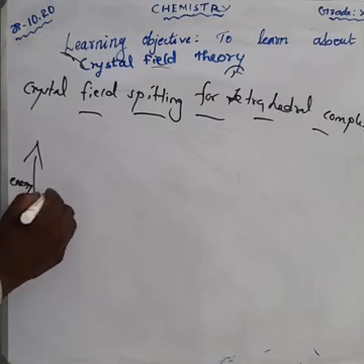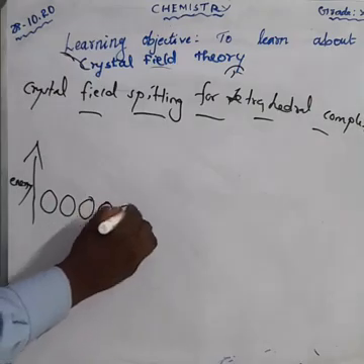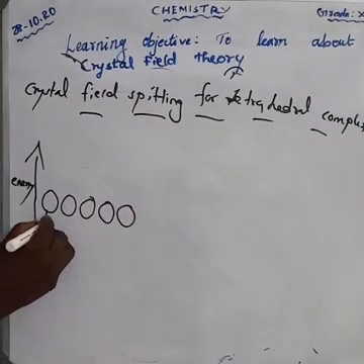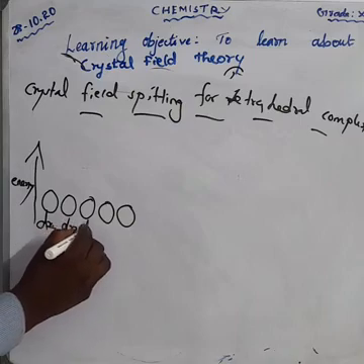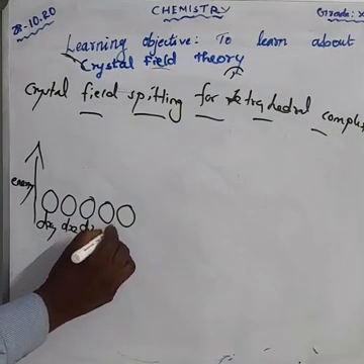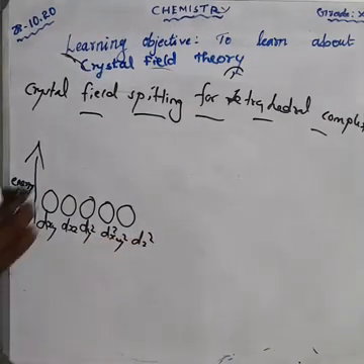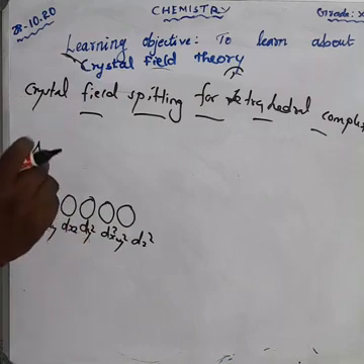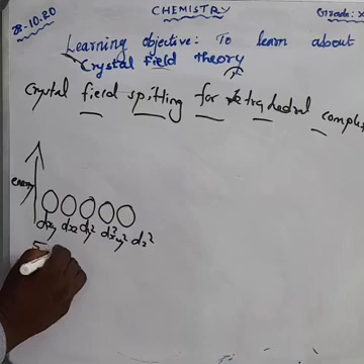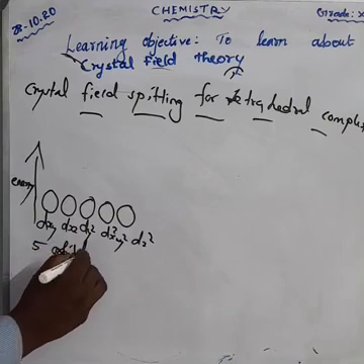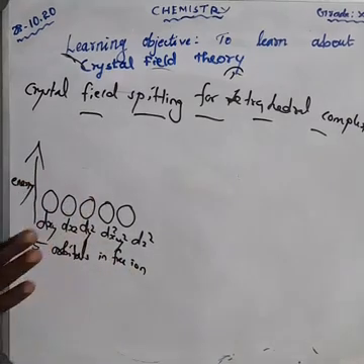How many orbitals are there? 5 orbitals: dxy, dxz, dyz, dx square minus y square, dz square. These are the 5 orbitals in the free ion.